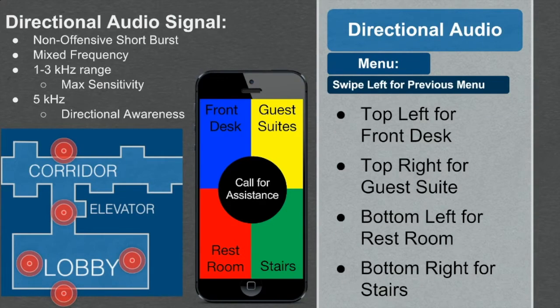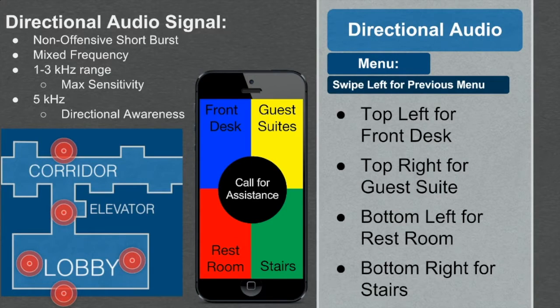If the user selects the front desk, a digital audio will sound at the beacon located at the front desk. This signal will be non-offensive. It'll occur in just a short burst, enough to give the user at least a directional idea of where the front desk is located.